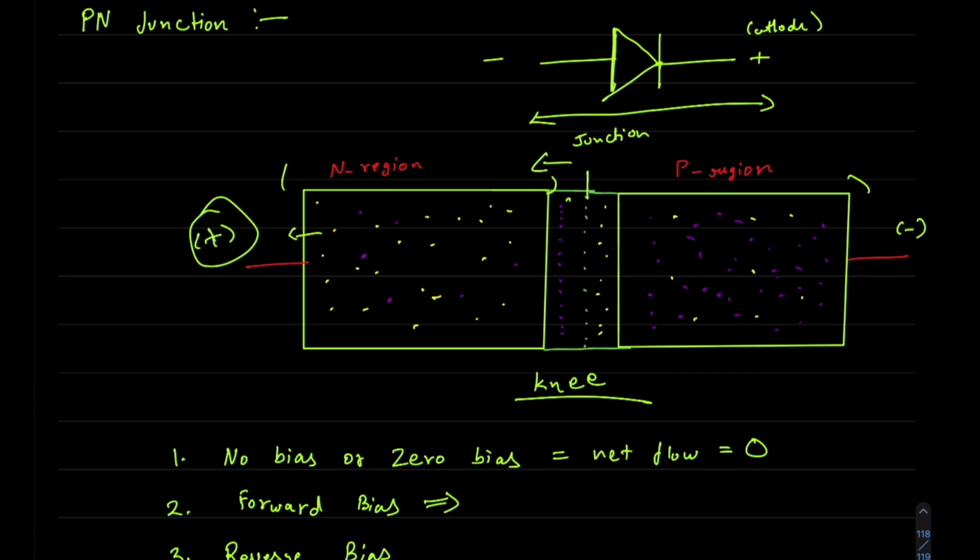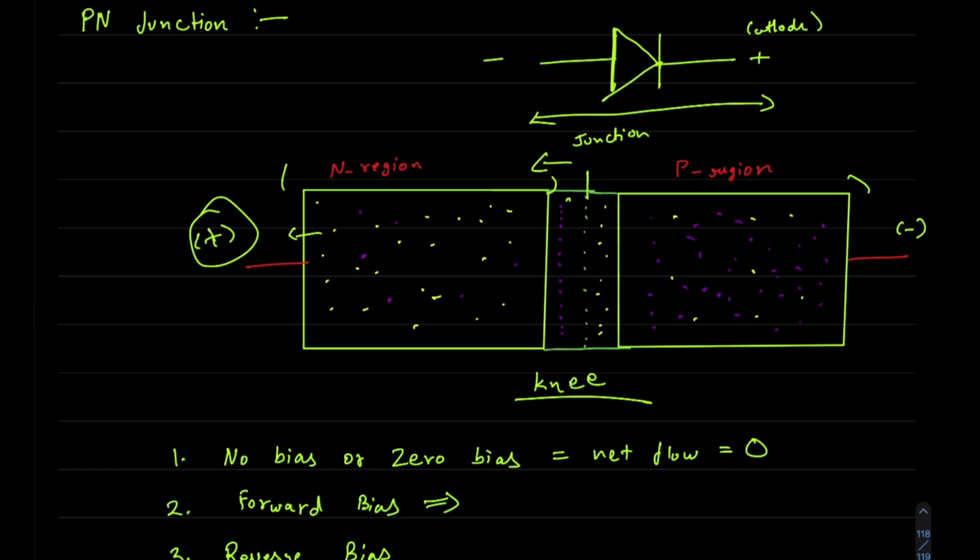And this will prevent current from flowing through the semiconductor material. However, the applied potential favors the movement of minority carriers across the junction. So here comes the concept of minority carriers, right?